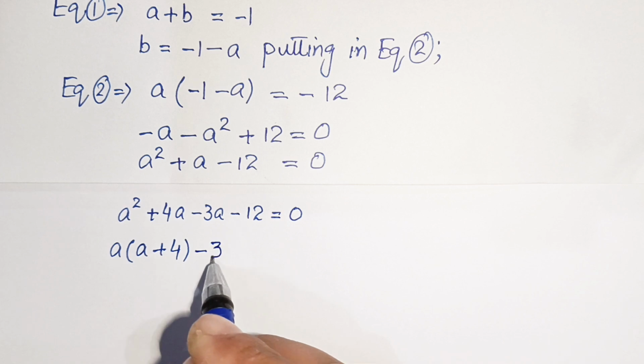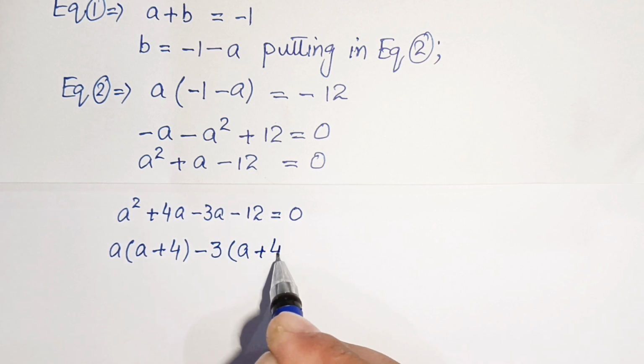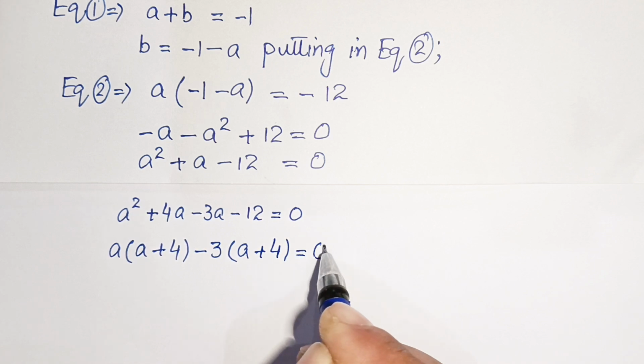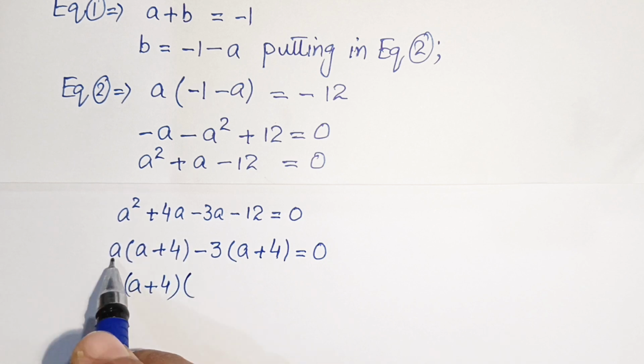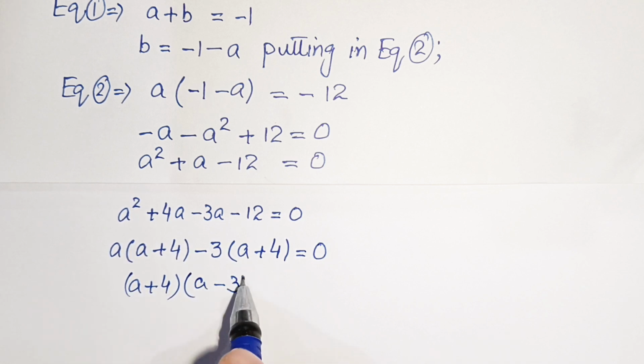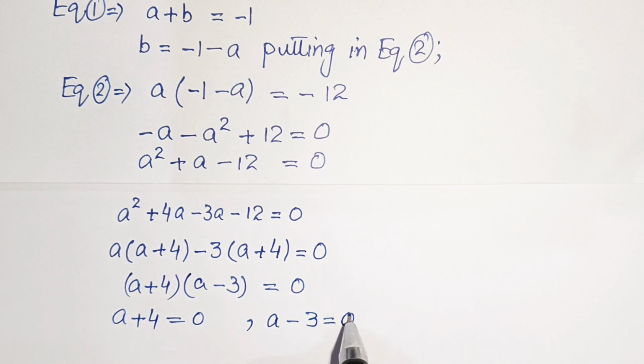From the second pair, minus 3 is common, and we get minus 3 times (a plus 4) is equal to 0. I hope you have understood all these steps. Here a plus 4 is the common factor, so we write (a plus 4) times (a minus 3) is equal to 0. Now we have two possible cases: a plus 4 is equal to 0, and a minus 3 is equal to 0.